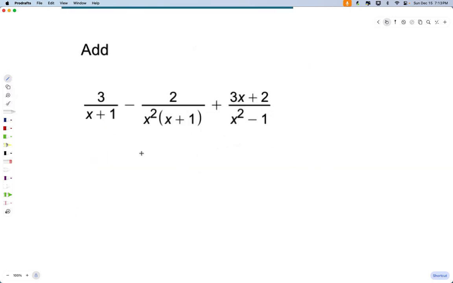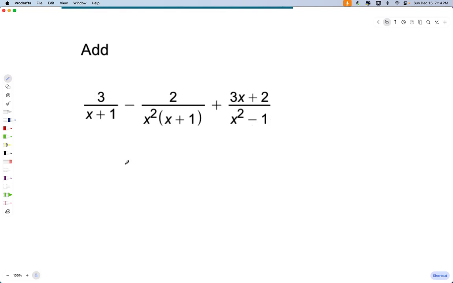All right, let's, we've got to factor something. We've got to factor this one. This is a perfect square. It's a little bit tricky because it's a negative 1, but this is a difference of perfect squares, because 1 times 1 is 1.